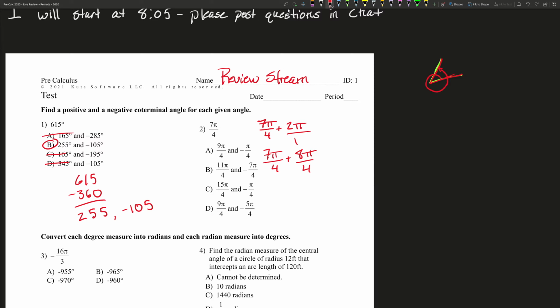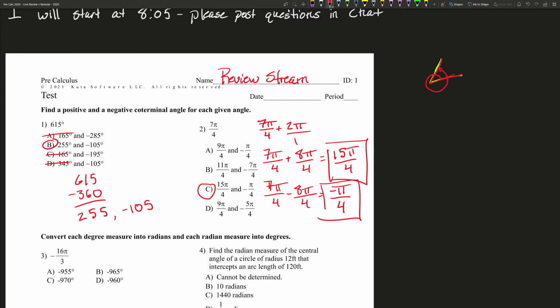So 7 pi plus 8 pi is 15 pi over 4. And again, the only option here is C. We could also subtract 8 pi over 4, so 7 pi over 4 minus 8 pi over 4 is equal to negative pi over 4. So that's a good check. So it has to be option C.